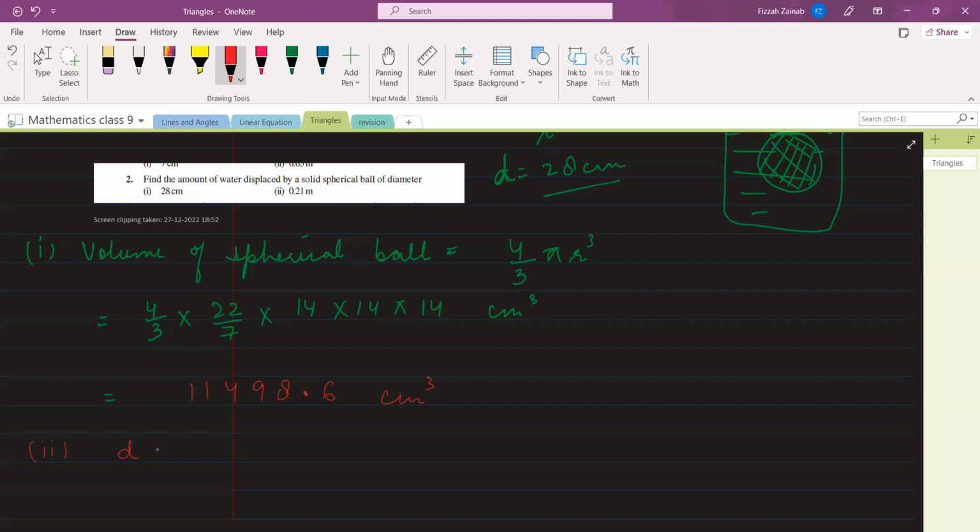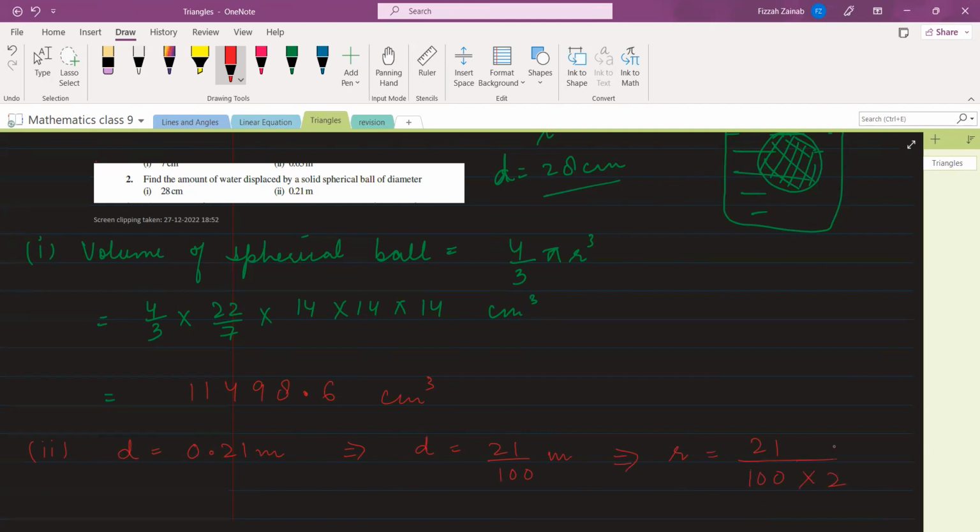Now, this time the diameter is 0.21 meter, right? So first you remove the decimal, otherwise you'll make a mistake. So write it 21 divided by 100 meter. Is that clear? So that means now the radius is 21 divided by 100, and again you divide by 2 here.